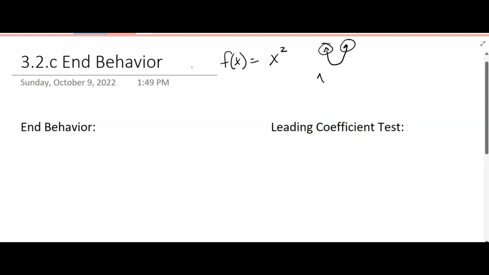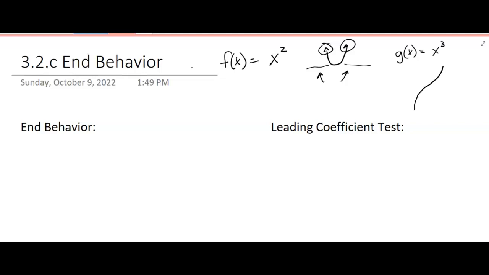Notice that it's going up when you go to the left and up to the right. That means your output is getting very large when you go toward the ends. It's like shooting up toward infinity.